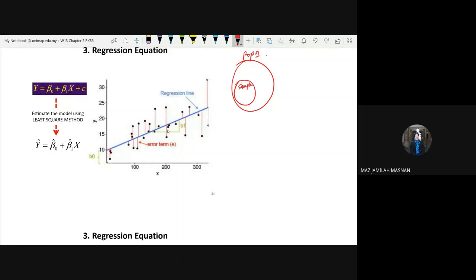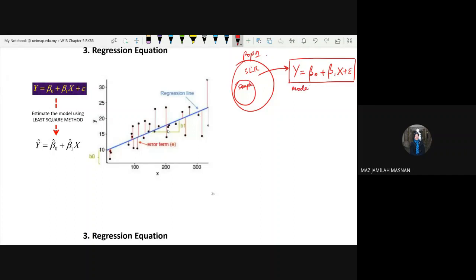Now, if you have your data from your population, then you can have what we call the regression equation for your simple linear regression. So your simple linear regression will look like capital Y is equal to beta naught plus beta 1 x plus epsilon. So this is your actual model based on the population.